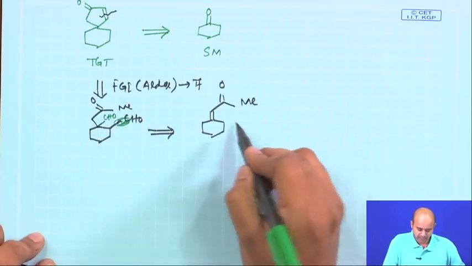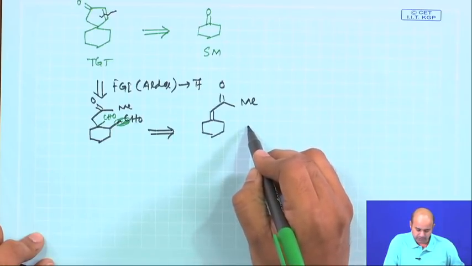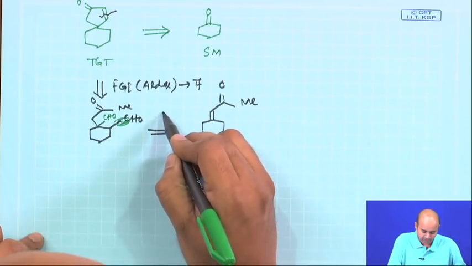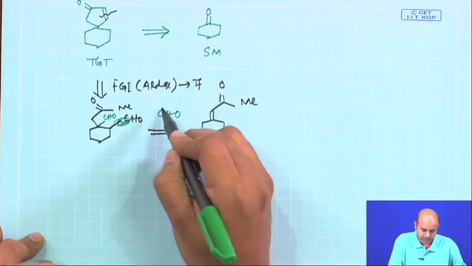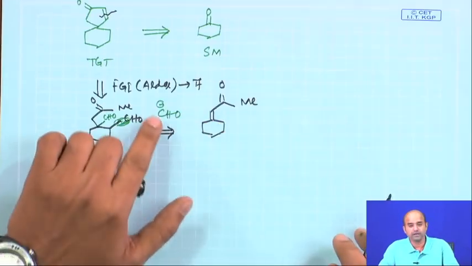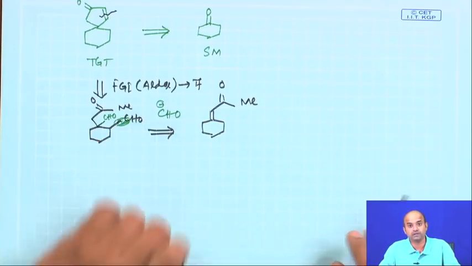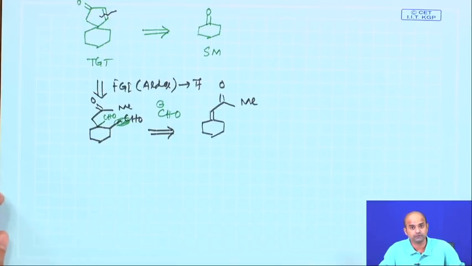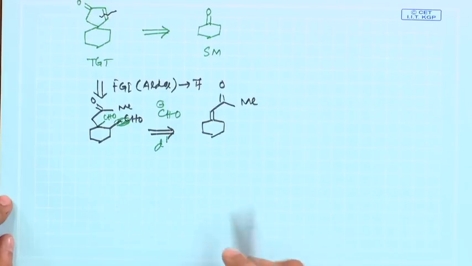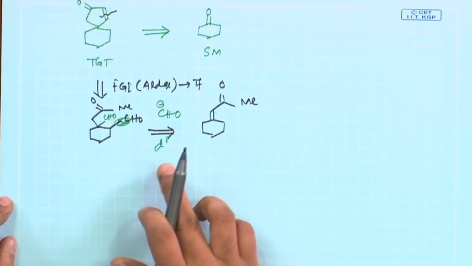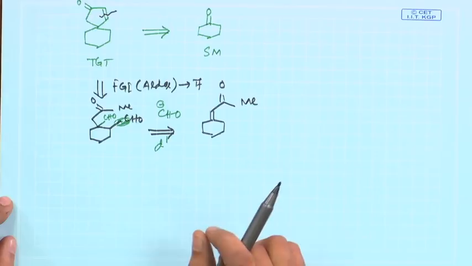Okay. Now, the next disconnection: if you have a species which is CHO minus, we just talked about it as an Umpolung species, a d1 species. d1 species means it can donate, and the 1 stands for a single carbon.